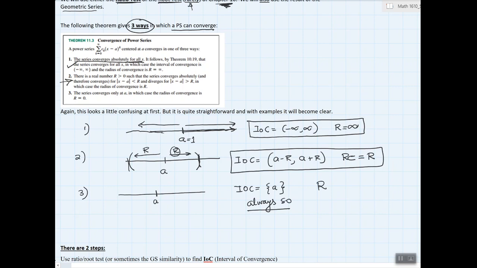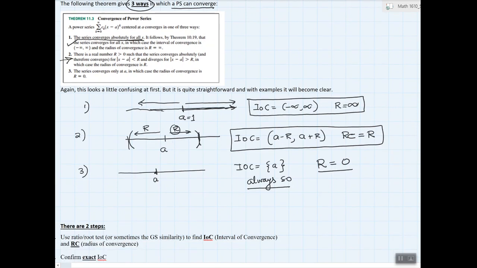But if that is what your interval of convergence is, then the radius is obviously 0. The distance is just 0 because that's the only place where it converges. So that's what he's explaining in number 3.